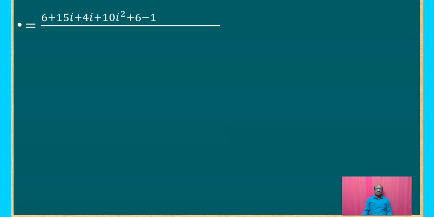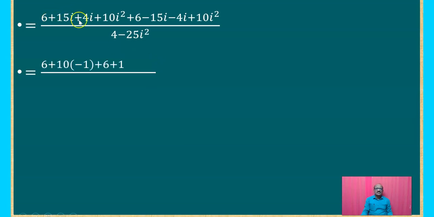Their multiplication, you can simplify this also. I² is again minus 1, and minus that will become plus 1. Now the addition, 6.